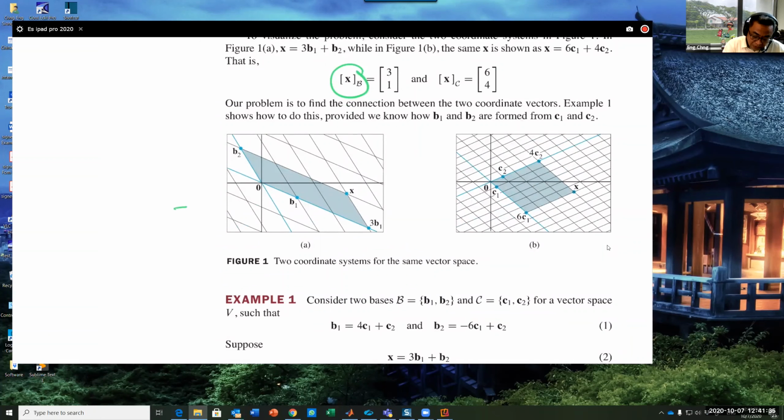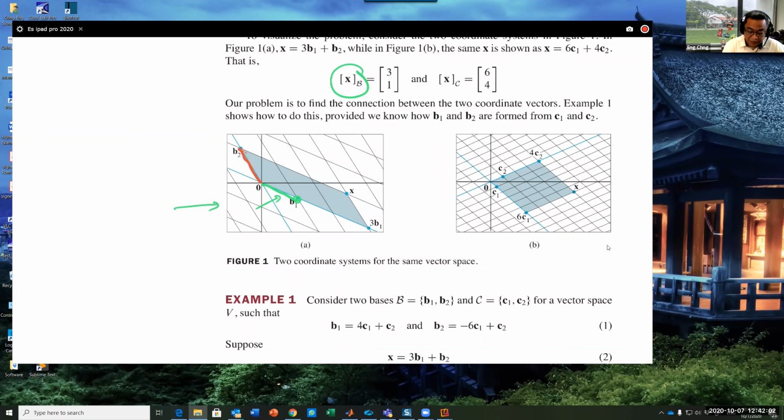First, this guy views the world in this form. If we step one step along the first entry of the B coordinate, we are moving along the green line. If we step one step along the second entry of the B coordinate, we are moving along the red line.